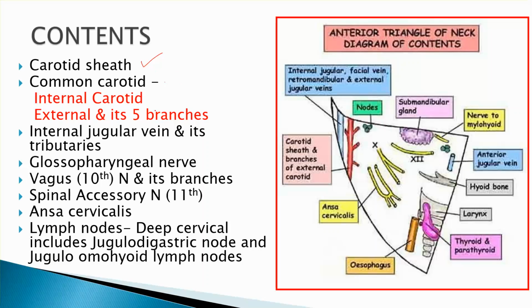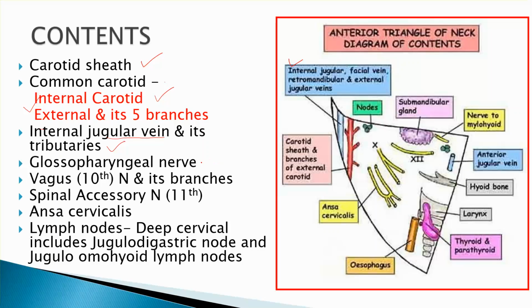The common carotid divides into internal carotid and external carotid with its 5 branches. Then the one in blue is the internal jugular vein with its tributaries, like the facial vein, retromandibular vein, and external jugular vein. All this can be seen.